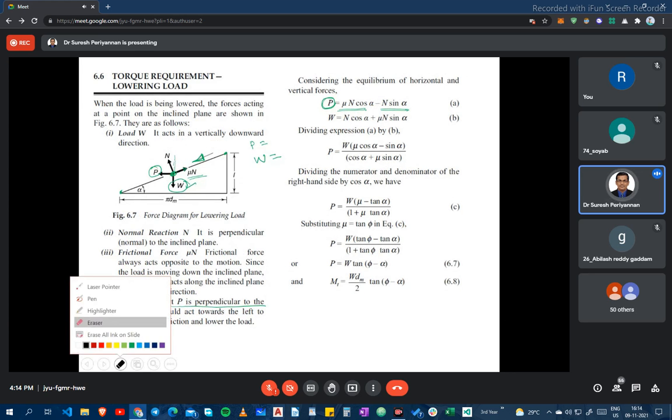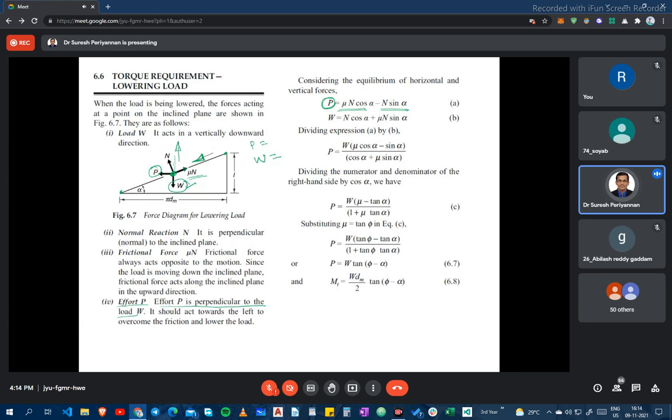Now n cos alpha is in the upward direction. Then mu n into sin alpha, with alpha as this angle, also in the upward direction, plus.